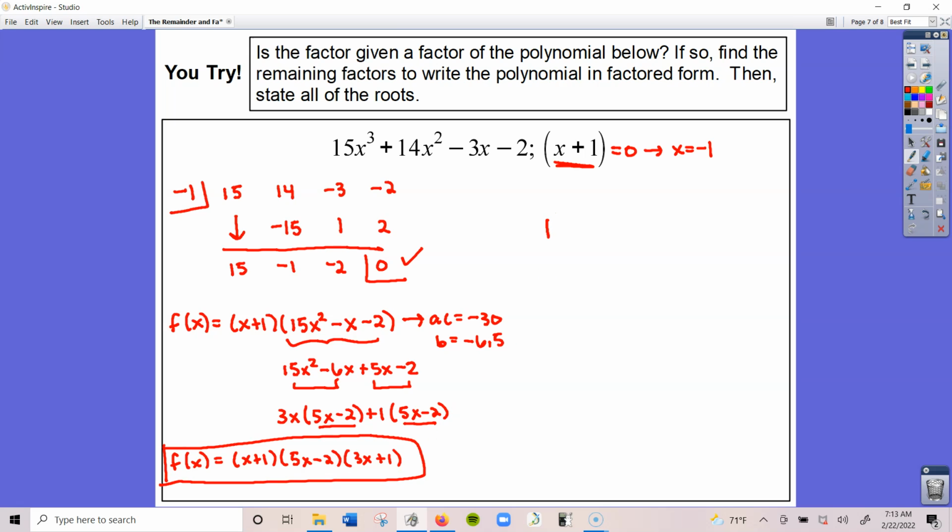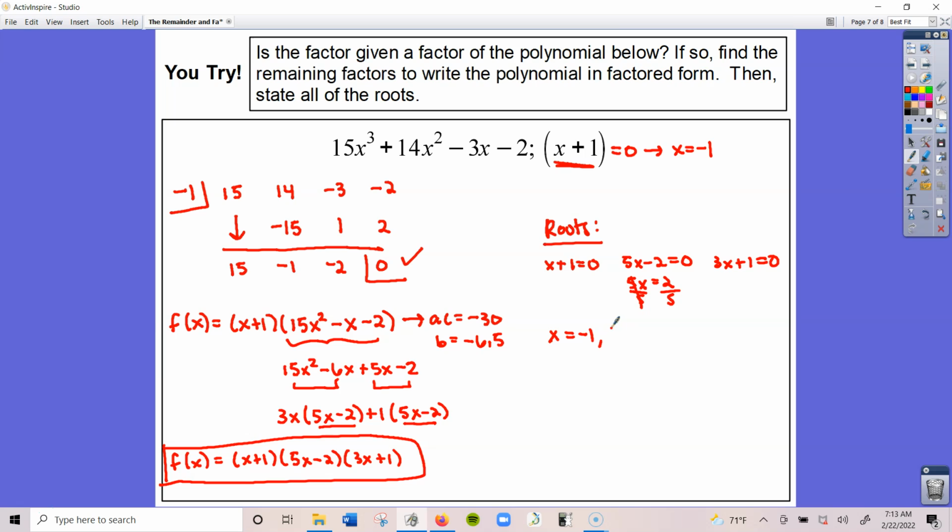Now to get our roots. We're going to set each of those factors equal to 0. Here we get that x is equal to -1. Here I have to add the 2 first, so 5x equals 2, and then divide the 5.